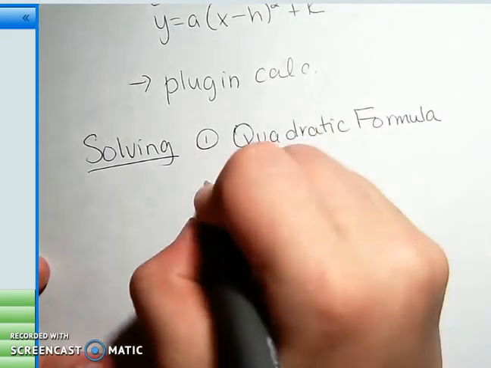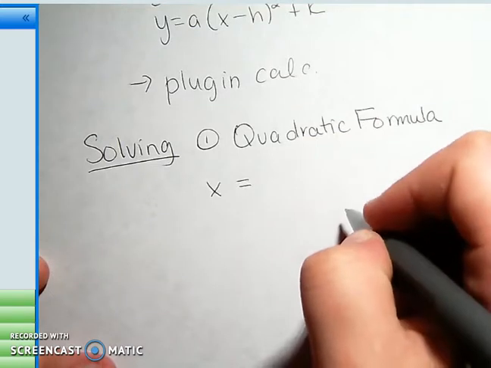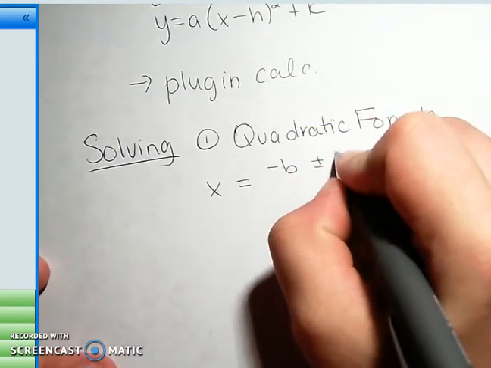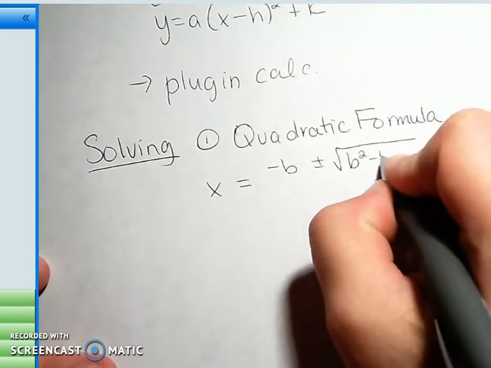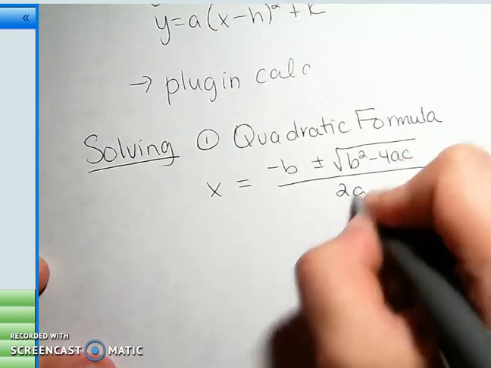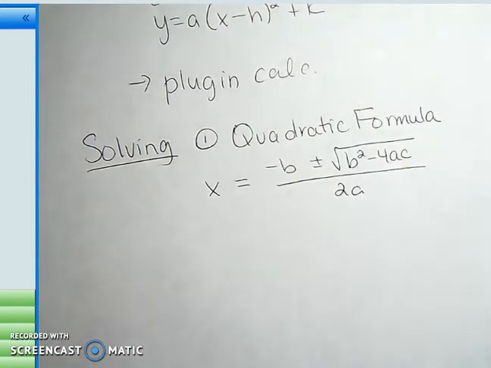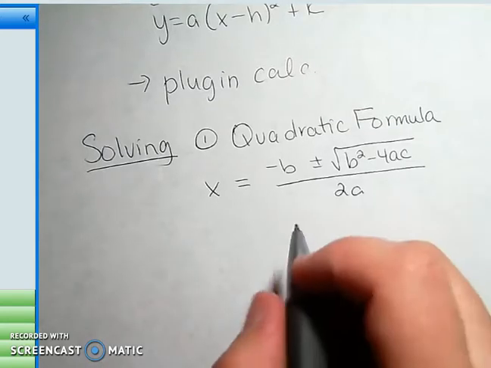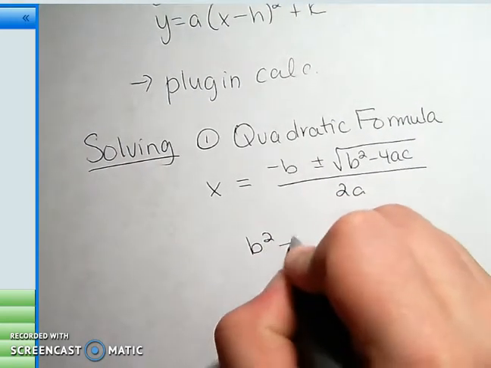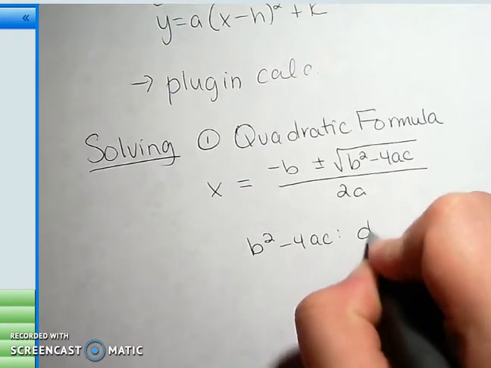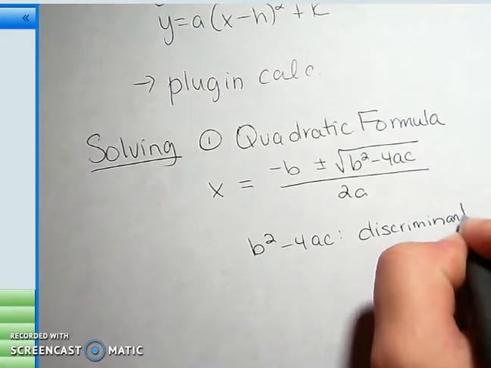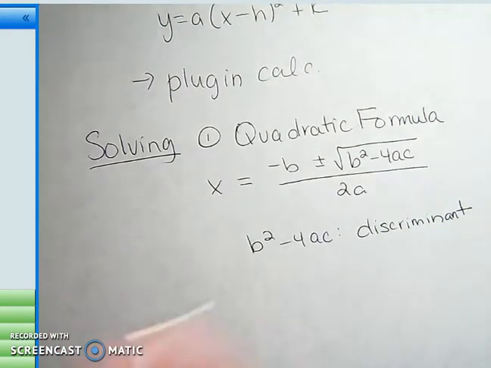And that formula is x equals, because we're finding our x-intercepts, our solutions, the opposite of b plus or minus the square root of b squared minus 4ac all over 2a, not just this radical over 2a. Remember, the most important part of this equation is the b squared minus 4ac. That is called our discriminant. Why is this important? Our discriminant will actually tell us how many solutions we have.